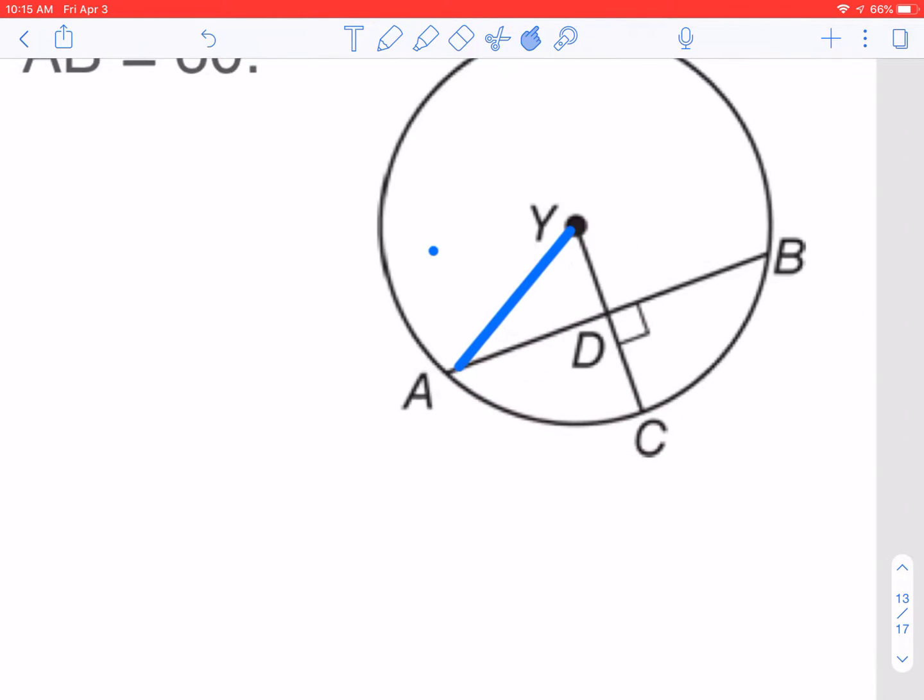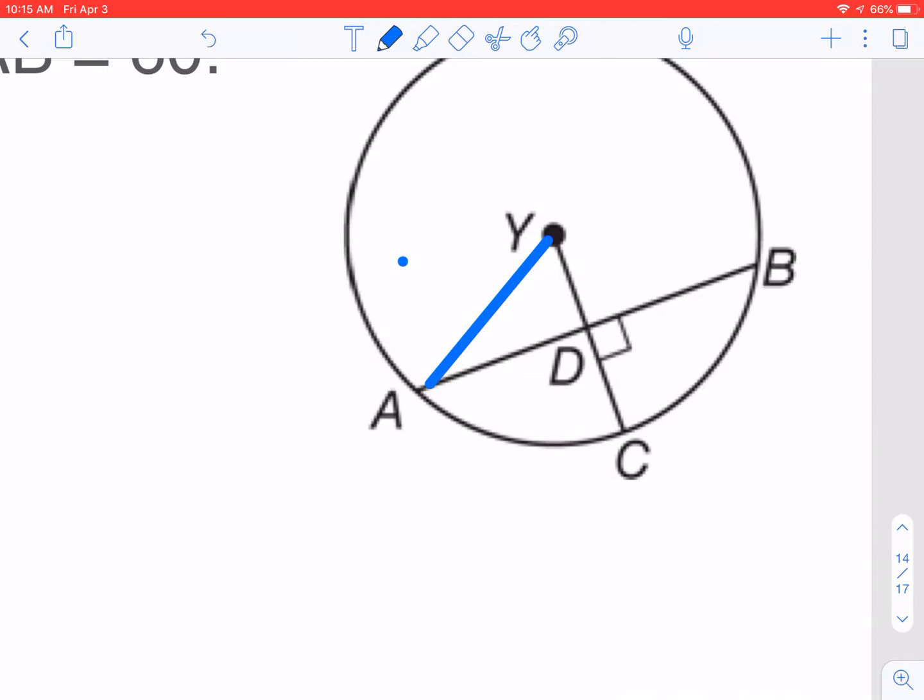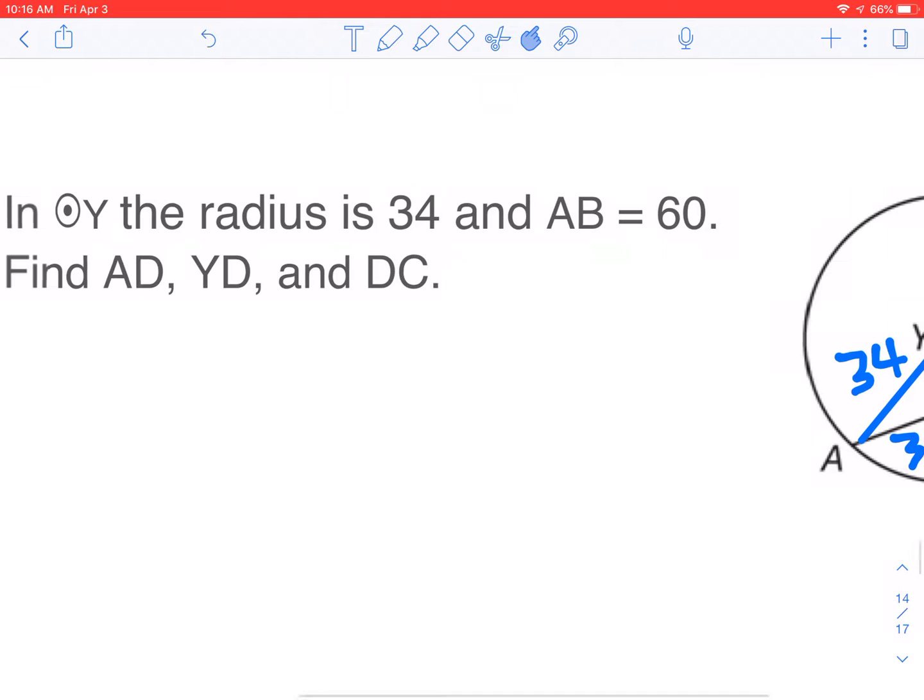Okay, sorry. AD is going to be 30, 60 divided by 2. And the radius is 34. So, I found AD. Did we find AD? Yes. AD is 30.